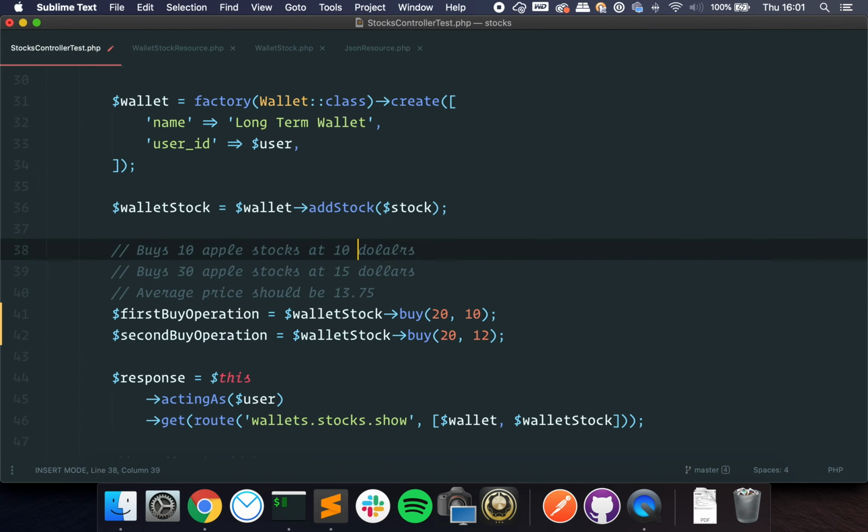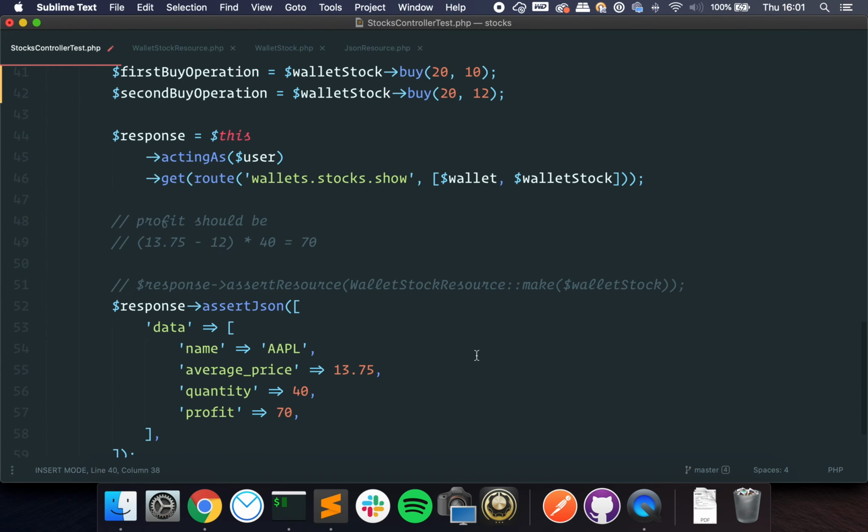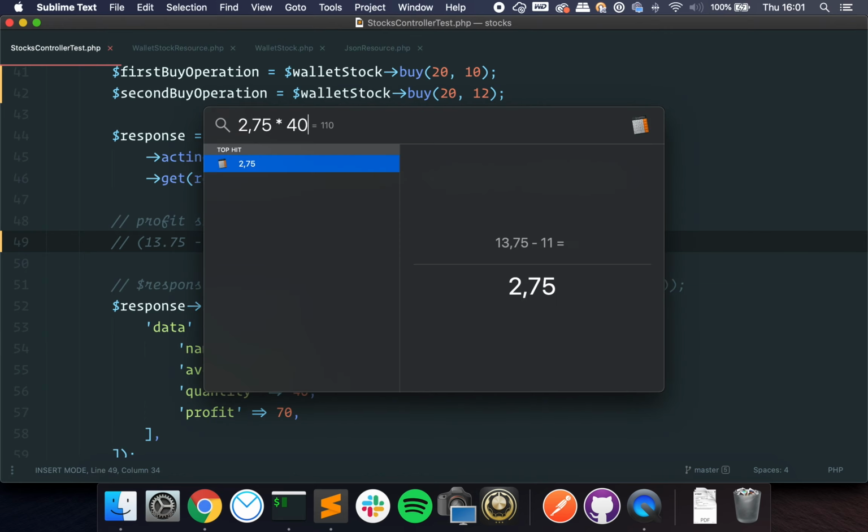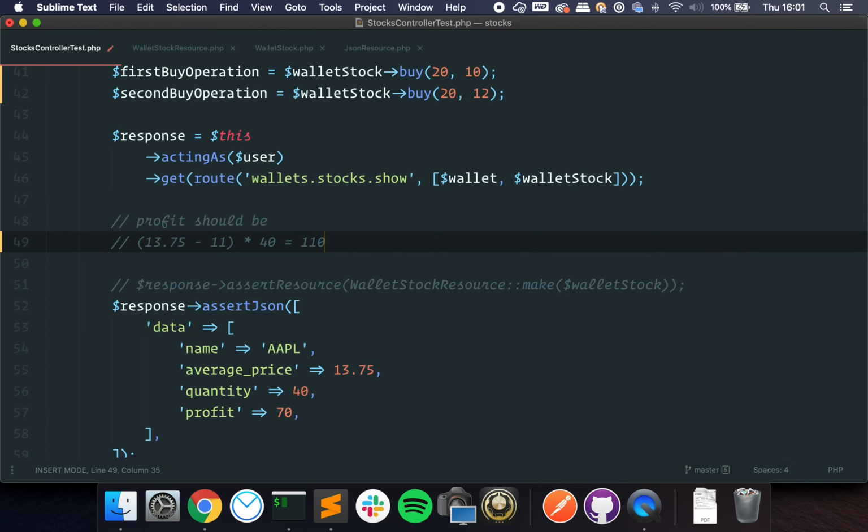So sorry, our average price is 11. We have 40. So profit should be 70. Okay, no, that's not 70. Okay, I don't know math anymore. 110. Okay, cool.